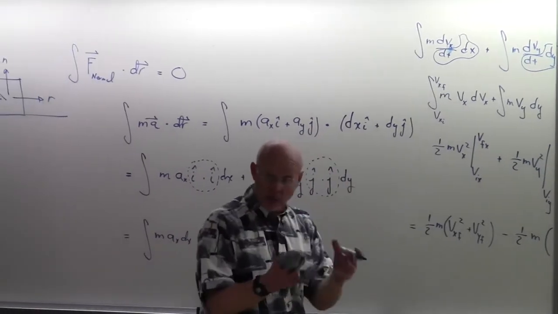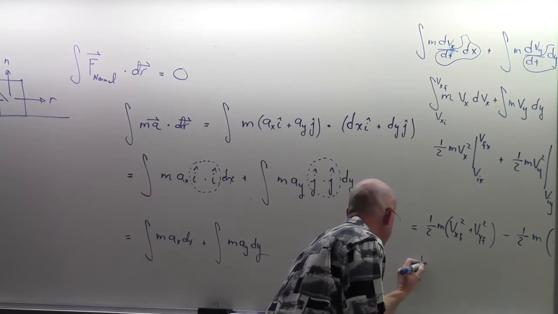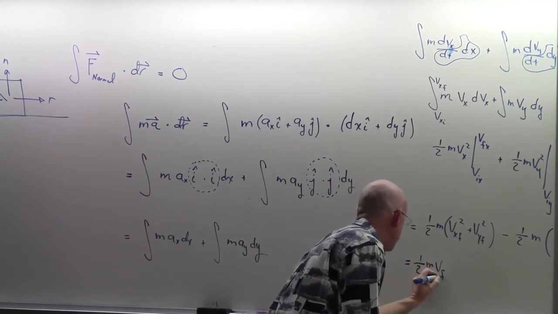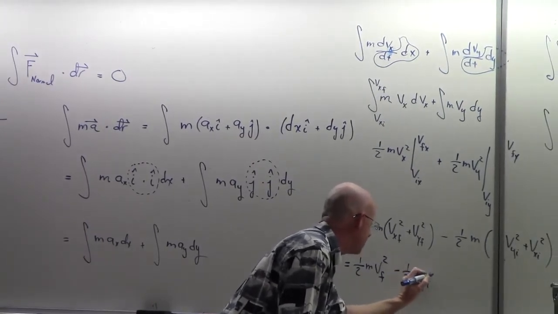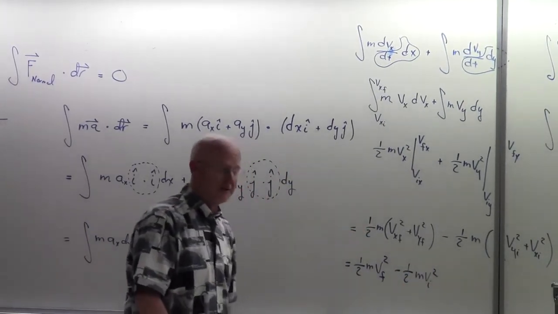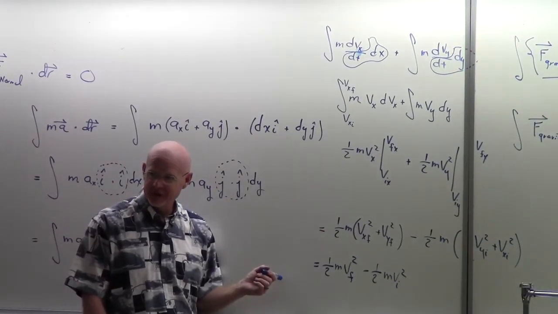And when you put x's and y's together, isn't that the total speed? So doesn't this come out to be 1/2 m v final squared minus 1/2 m v initial squared? I bet this looks familiar. Does this look familiar to anybody? What'd you call this?